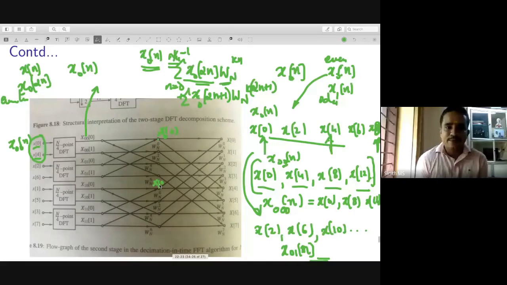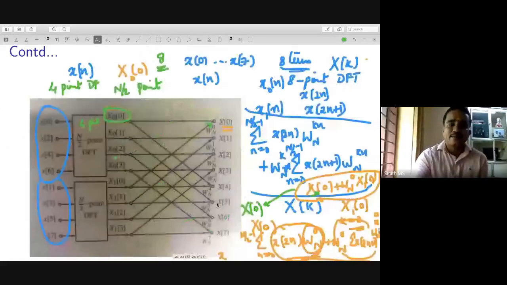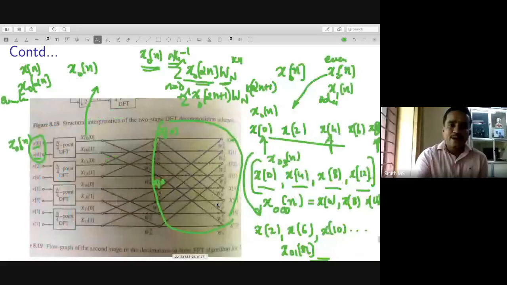You multiply X10 with W_N raised to 0 and add X00 here to get X0. So till this point, this portion is the same as what we have in the previous slide. And the portion to the left of this is what we have done again, redone for smaller portions, for half the portions.